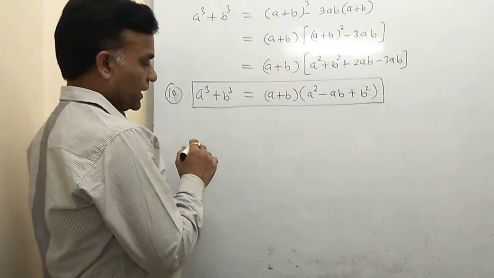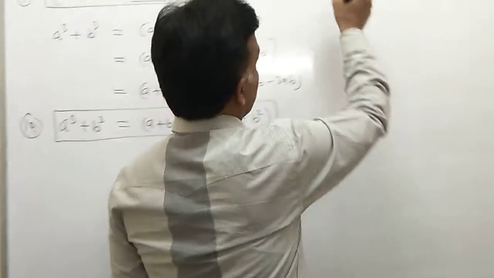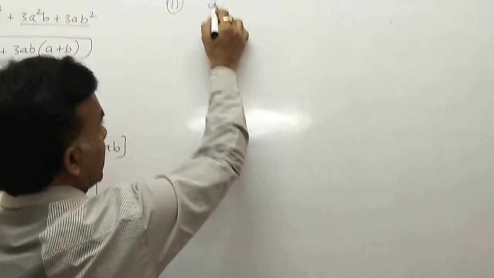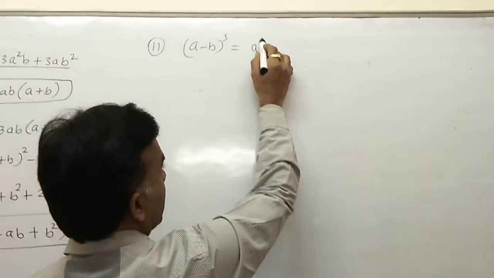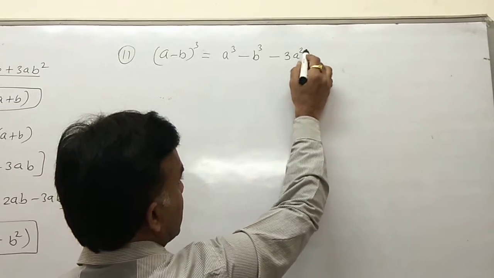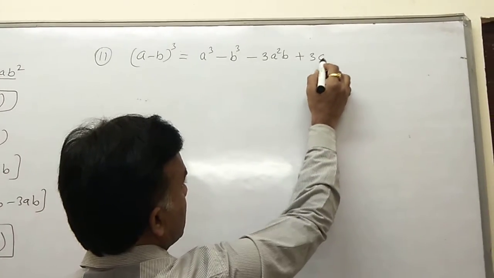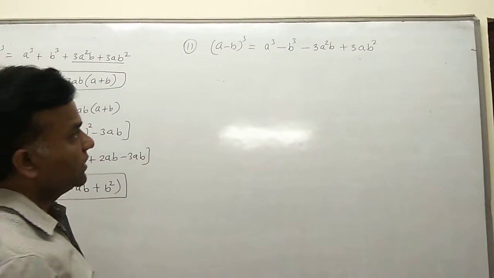Now we have another identity, that is (a − b)³, which is a³ − b³ − 3a²b + 3ab².